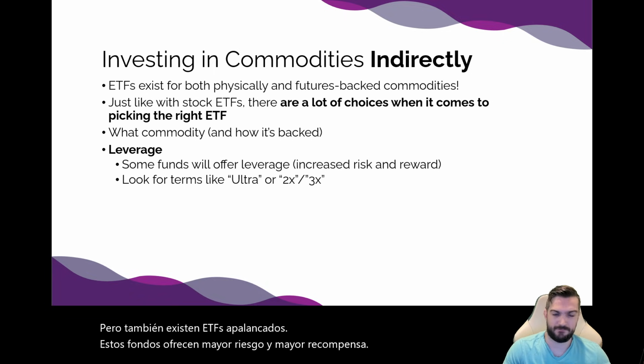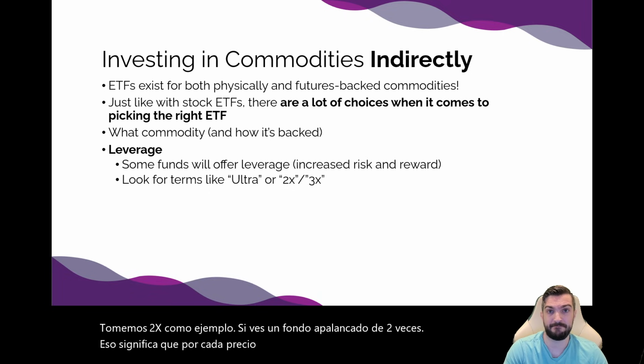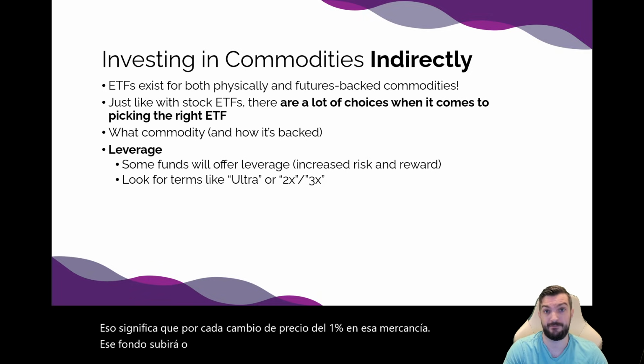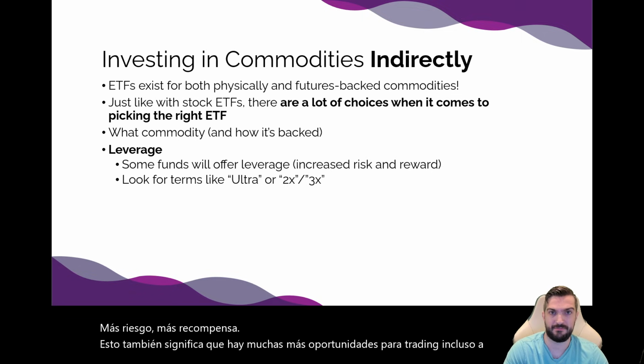For example, we could see terms like ultra, or 2x or 3x. Let's take 2x for an example here. If you see a 2x leveraged fund, what that means is for every 1% price change in that commodity, that fund will go up or down by 2%. More risk, more reward. This also means that there is a lot more opportunity for even shorter term trading of different commodities.